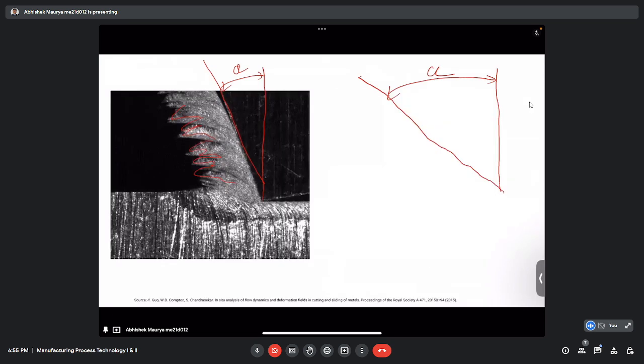So let's try to look at the equation. If you remember, the cutting force, if you try to write it down, was coming as w t1 tau s cos(lambda minus alpha) divided by sin phi cos(phi plus lambda minus alpha).